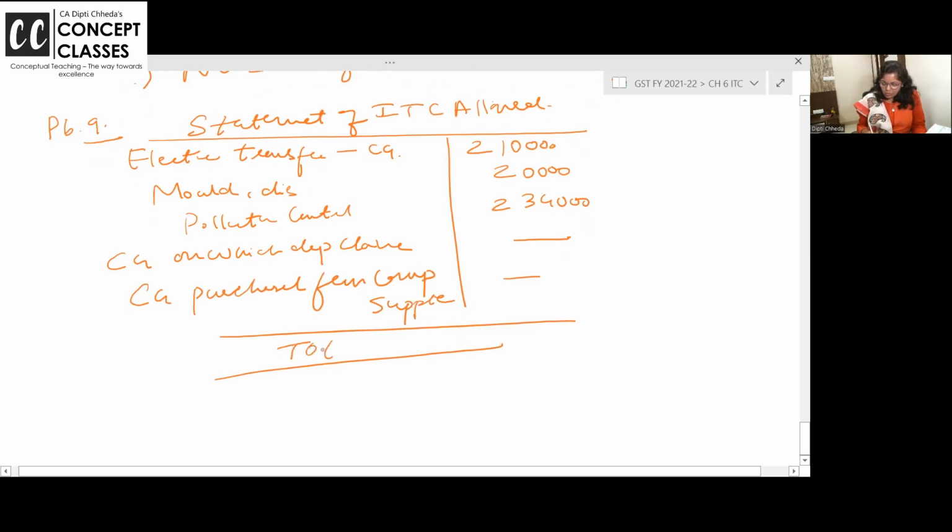So what is the total ITC? Isn't it a time saving question in exam? ITC weightage is out of 40, 10 marks.